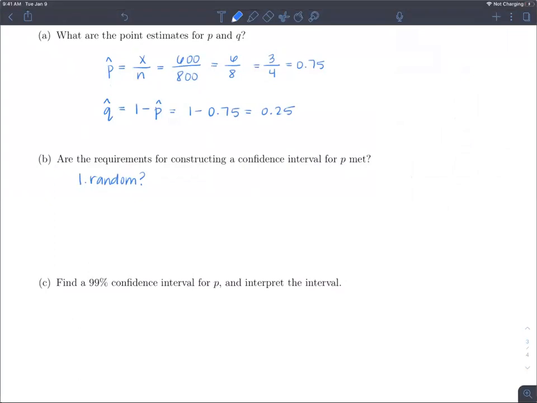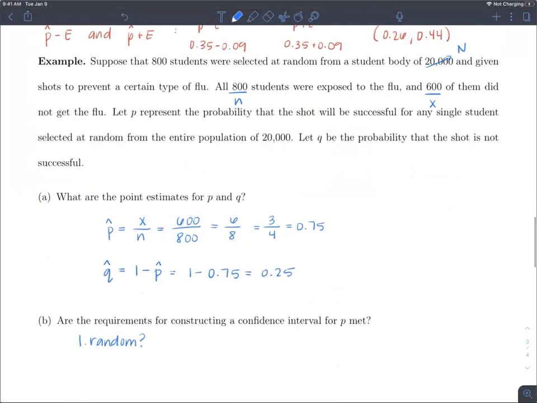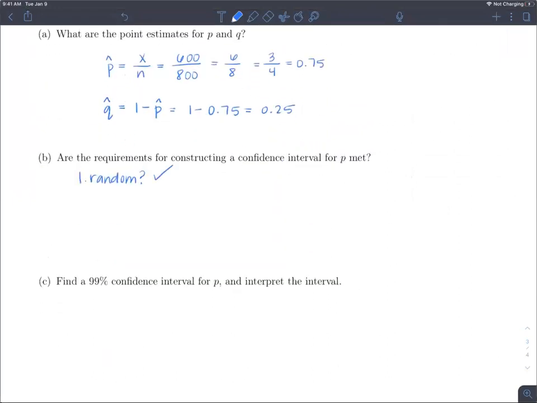Anyway, the first requirement is whether it's random, and it says that they were selected at random, so that one's taken care of. The second requirement is that we have to check and see if it's normal. And remember, you check that by checking that n times p hat is greater than 10. n times p hat is going to be 800 times 0.75, which gives me 600.